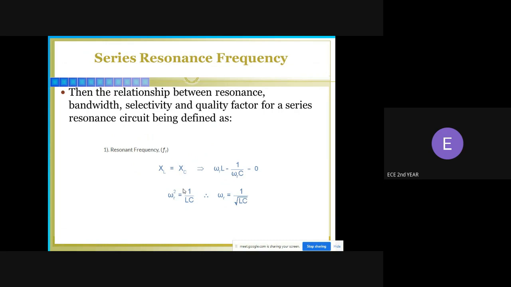Then the relationship between resonance, bandwidth, selectivity, and quality factor for a series resonance circuit is defined. At resonance, XL equal to XC, that is omega L minus 1 by omega C equal to 0. So omega R square equal to 1 by LC. Therefore omega R equal to 1 divided by root of LC.